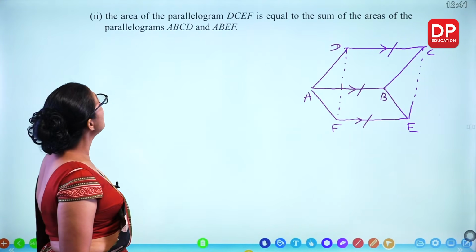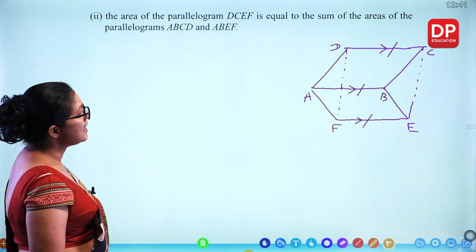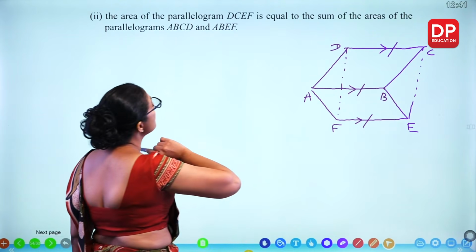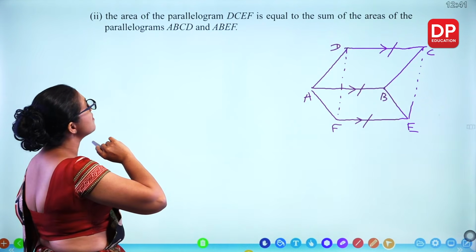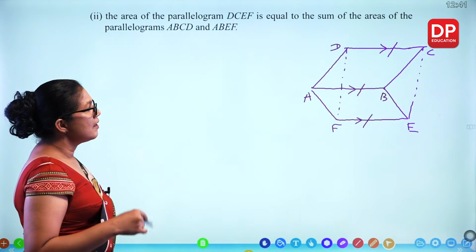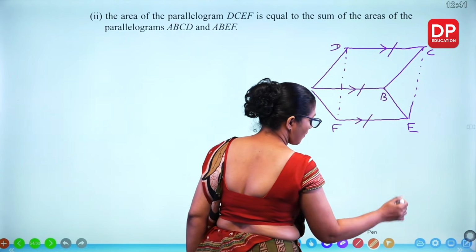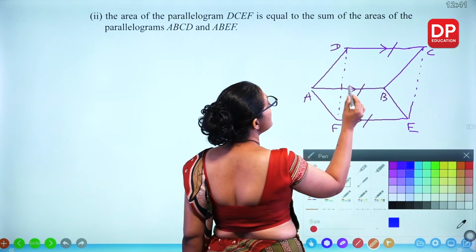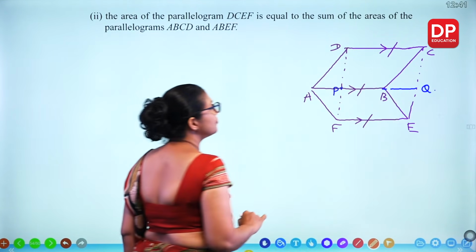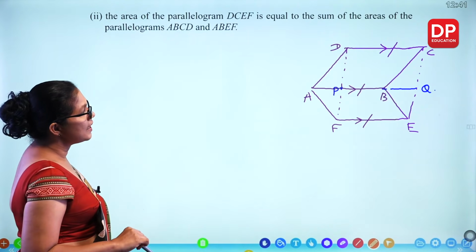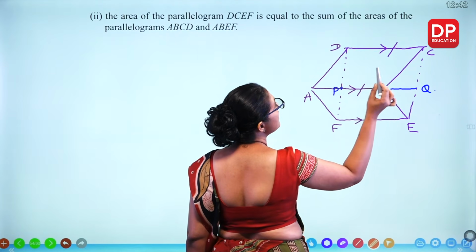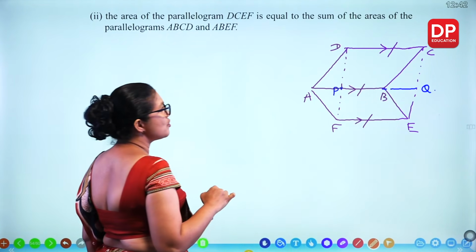Now we look at the second part. The area of the parallelogram DCEF is equal to the sum of the areas of parallelograms ABCD and ABEF. We'll take these 2 points as P and Q. Now when you look at the diagram, we can see that this length is equal to this length and this is also equal to this length.